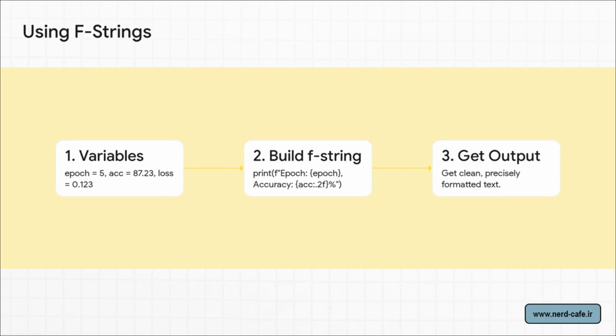After you define your variables, you build your string, but you put an f right before that opening quote. That little f is what makes it an f-string, and it lets you put your variables right inside curly braces. It makes the code so much more readable because the variable is sitting right where it's going to show up in the output. And what's really powerful is you can add formatting right inside those braces, like .2f to round a float to 2 decimal places, or .4f to make sure it always has 4.